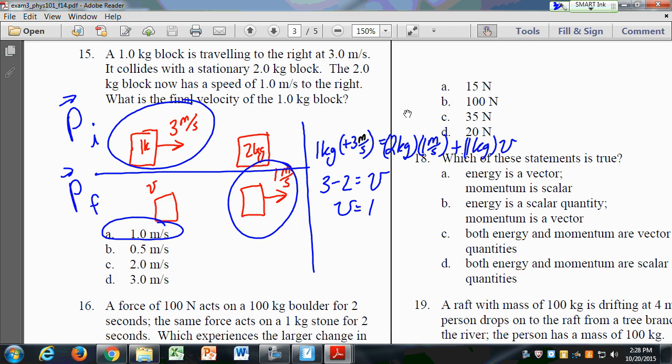It's going to be to the left or right? It's going to be to the right because it's positive, right? Okay? That's a good basic collision. You will have one of those. I think you have a couple. Okay? Y'all could do that right now, couldn't you?